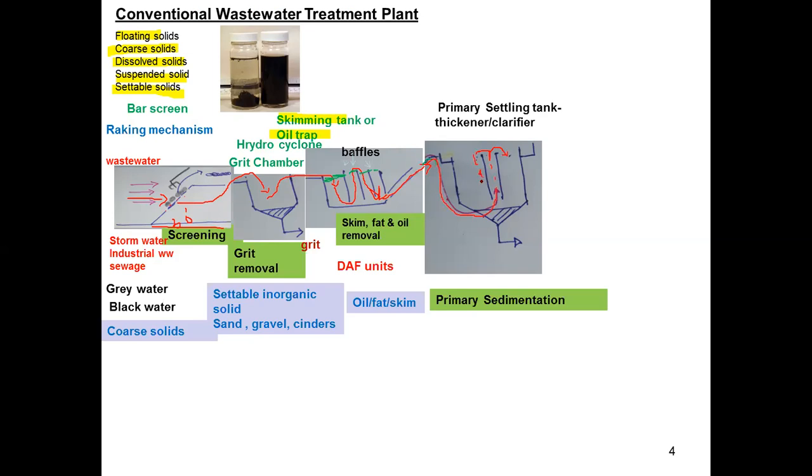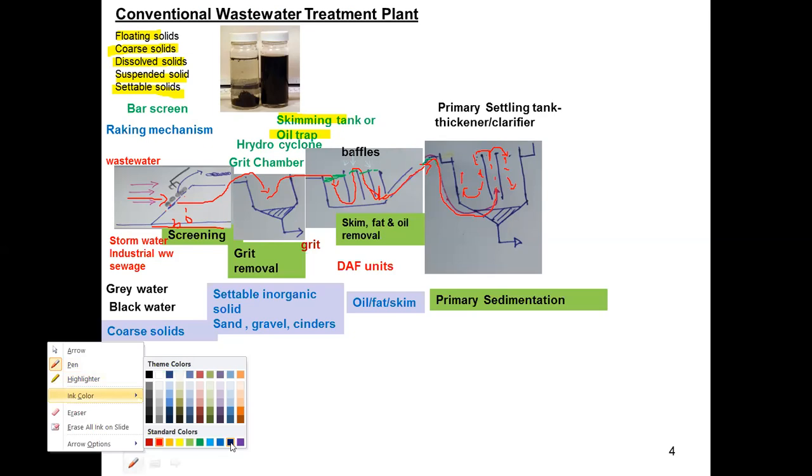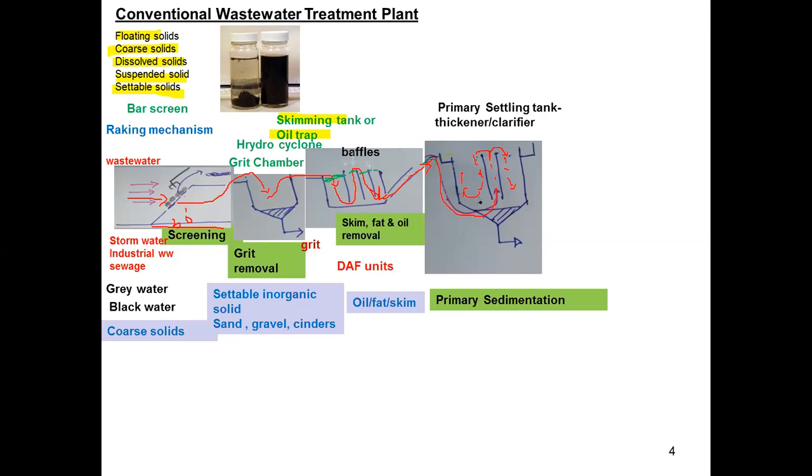According to the liquid velocity and other configuration of the sedimentation tank, the heavy particles or colloidal particles will go down and clear liquid will go up through this channel.